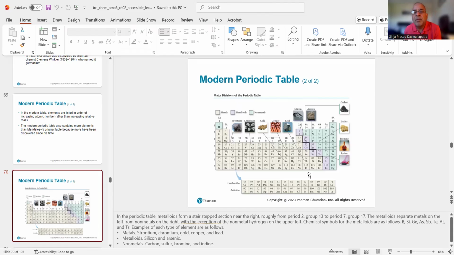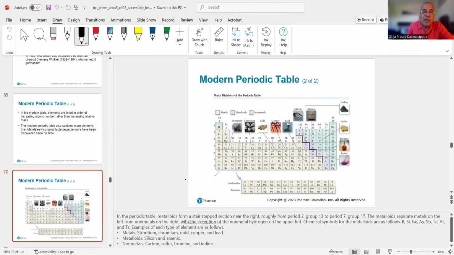In addition to this classification, we talked about metal, non-metal, and metalloid. There is also another way of classifying elements. For example, if you look at group 1 elements, they have a separate name.